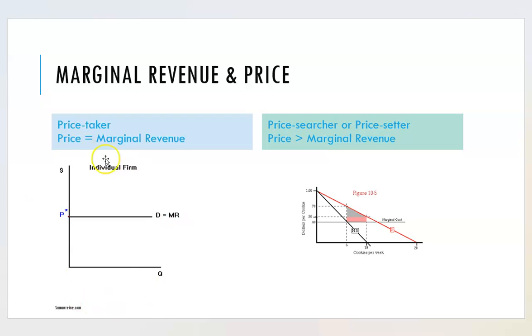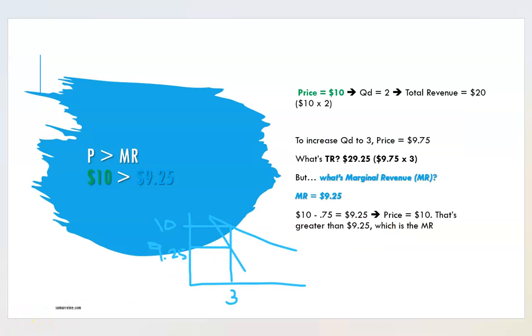This is perfect competition. This is price takers. So price takers over here are going to look like that. For price searchers, you're going to have a demand curve that is above the marginal revenue curve, and they're going to look like kind of scissors pointing down, but the price is always higher. So just a little bit of a quick reminder, we have done this before. For all price searchers, the price exceeds marginal revenue.